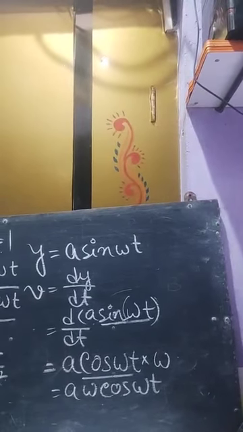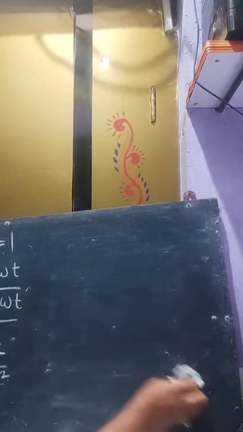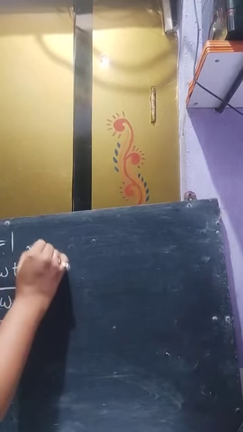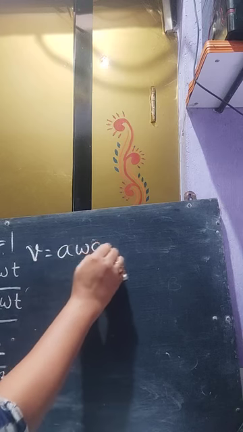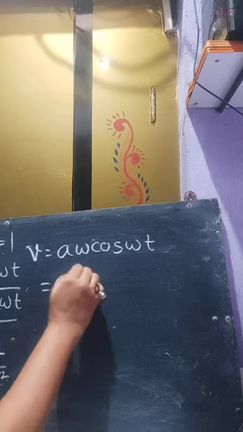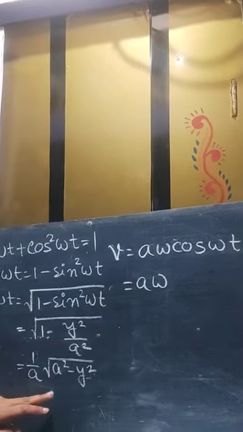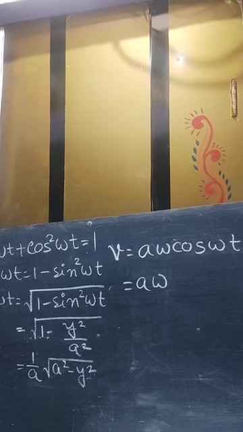Now, come to this side. I am removing this part. So V equals a omega cos omega t, right? What will be the value of cos omega t? That is 1 by a root over of a square minus y square.